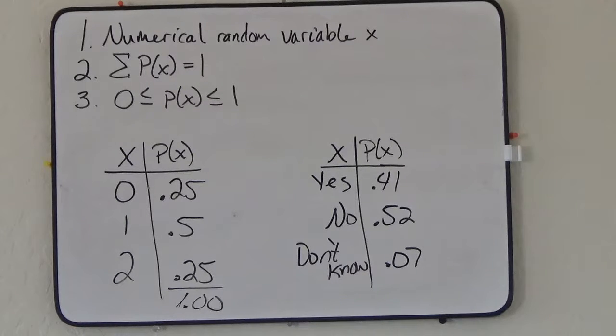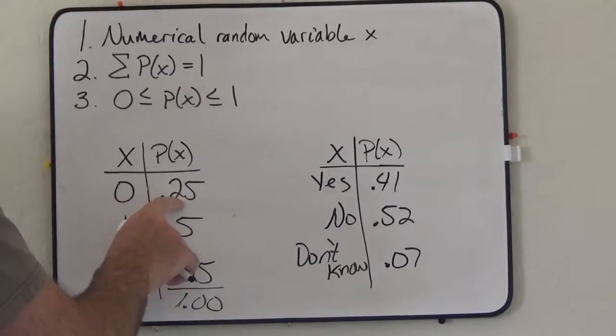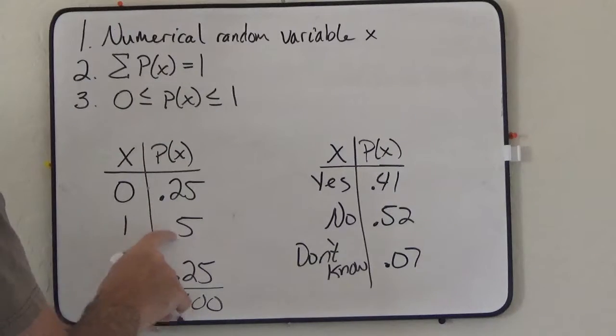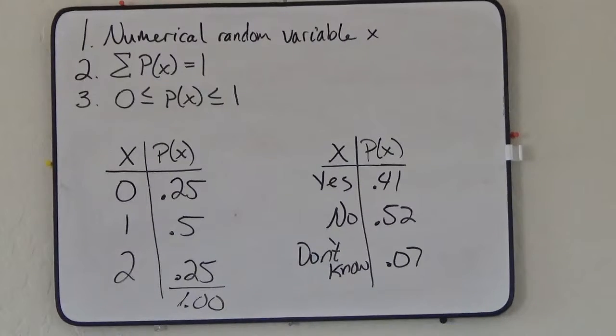The last one, each value of the probability has to be between 0 and 1. 0.25 is between 0 and 1, right? 0.25 is in between 0 and 1. 0.5 is between 0 and 1, and 0.25 are between 0 and 1. They're not greater or less than 0 and 1, so therefore it fits the rule. Okay, so this does fit probability distribution.